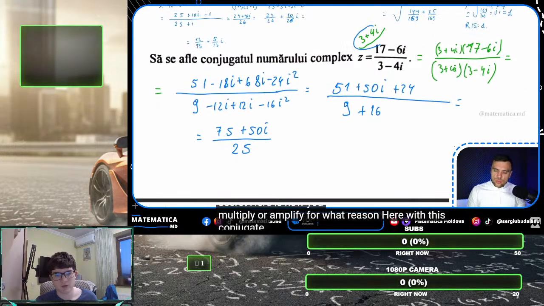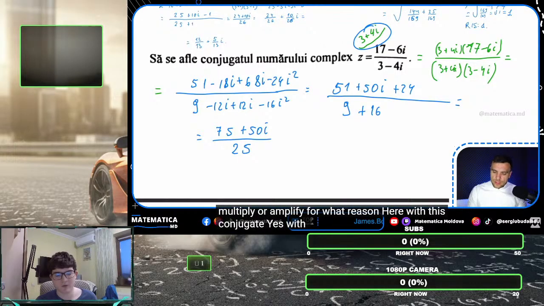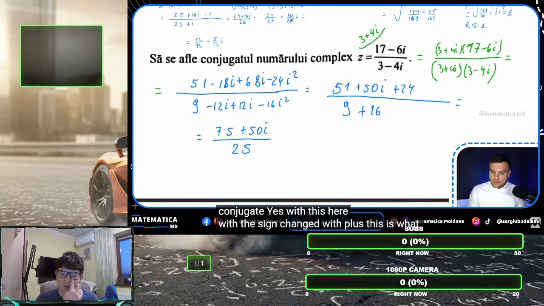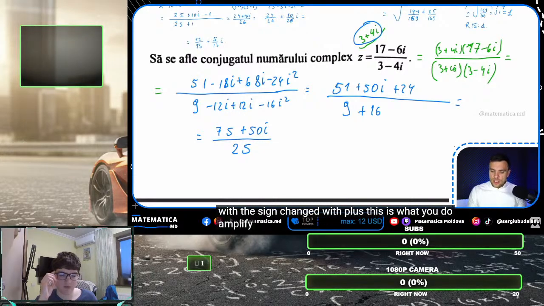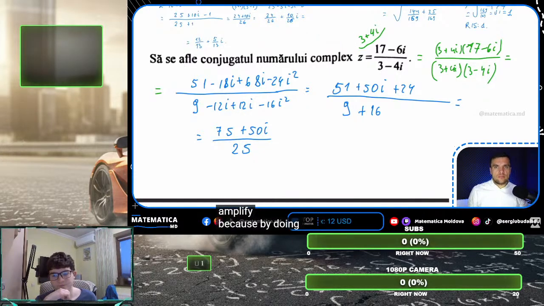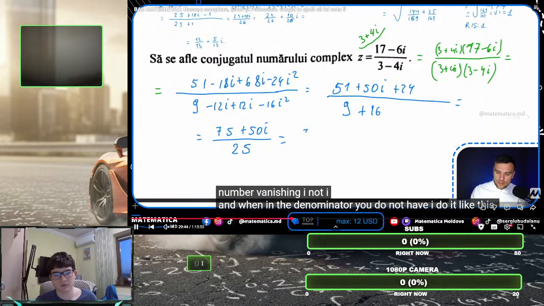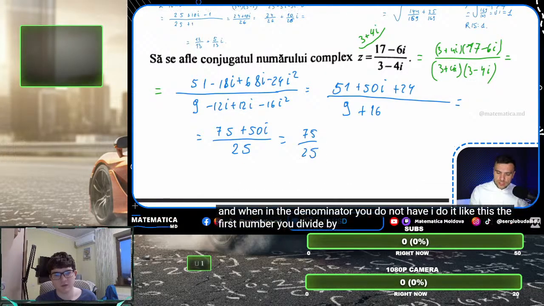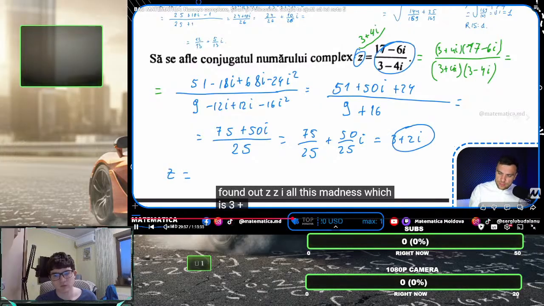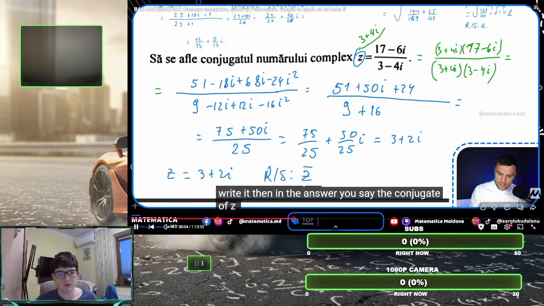Now we're just gonna work out 75 divided by 25 plus 50 divided by 25 times i. So that's gonna be 3 plus 2i. So z is 3 plus 2i.